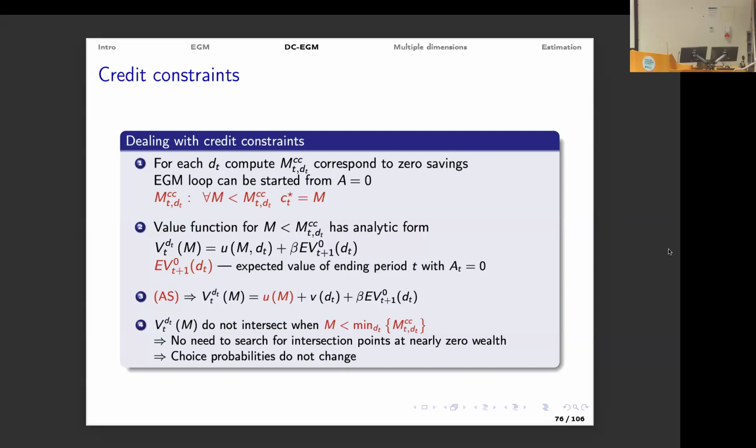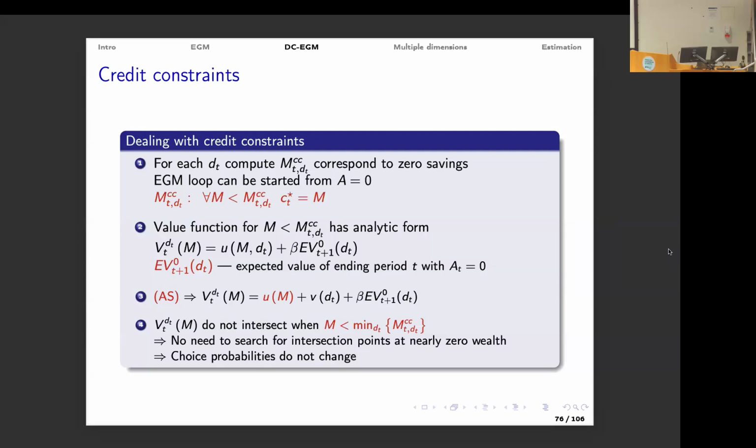And under an additional assumption of additive separability, so imagine that the utility of wealth or consumption is additively separable from the utility of discrete choice, that makes this whole thing constant to the left of this common threshold.